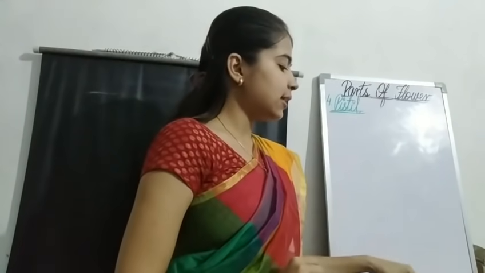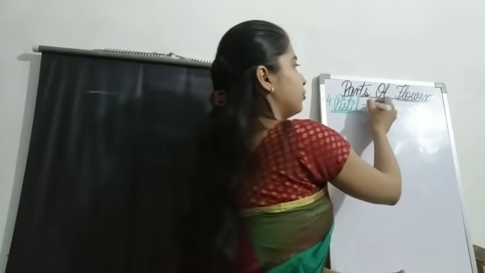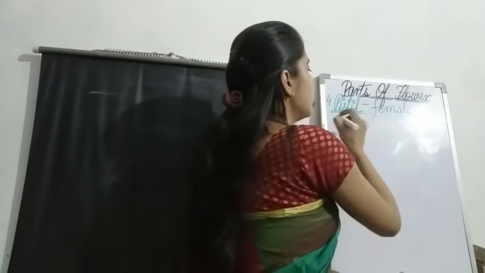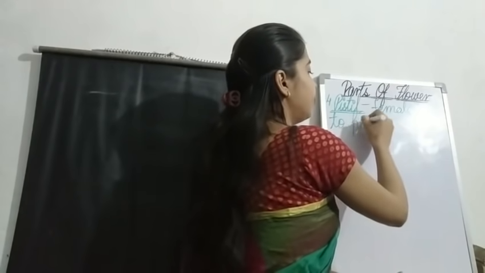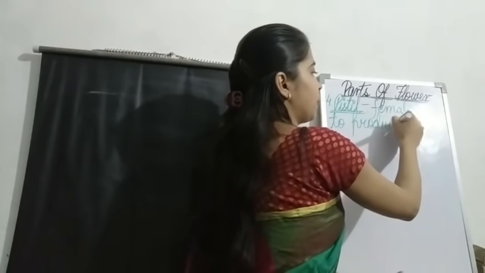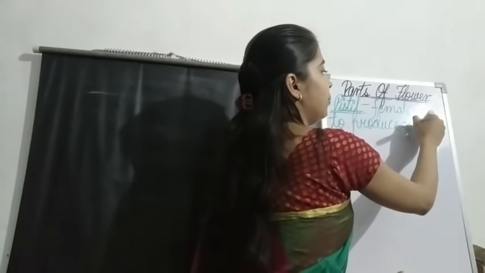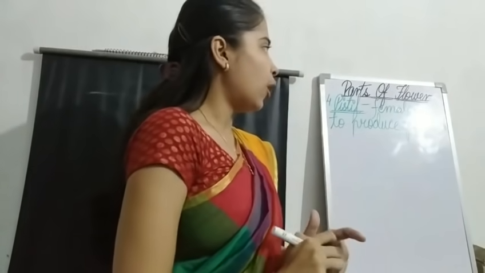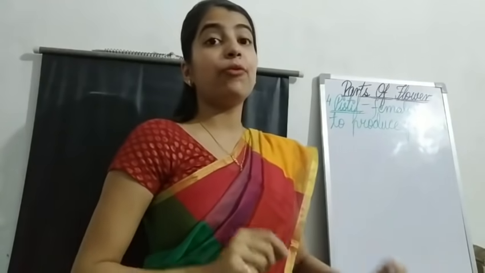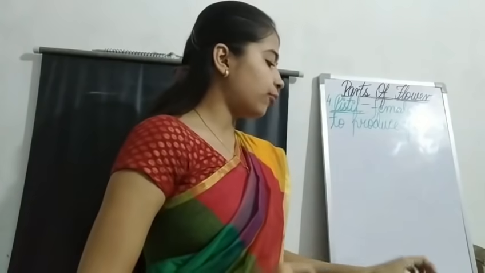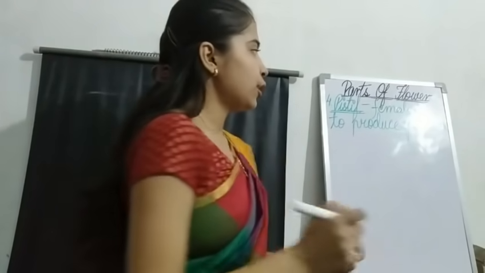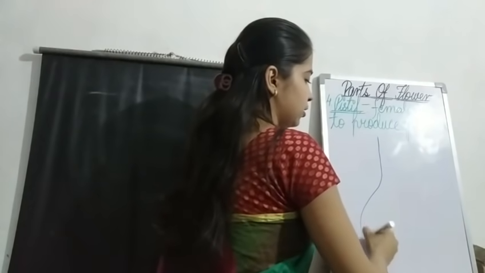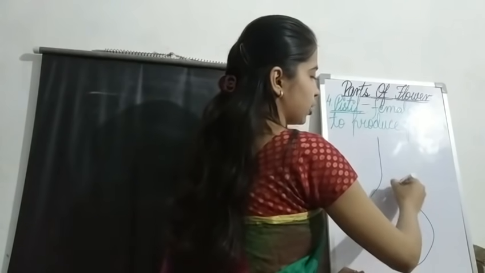The function of the pistil is to produce female eggs, to produce female cells. Clear? Now, first of all, let us see the structure of a pistil. See, the pistil is the innermost part, and it has a structure like this.